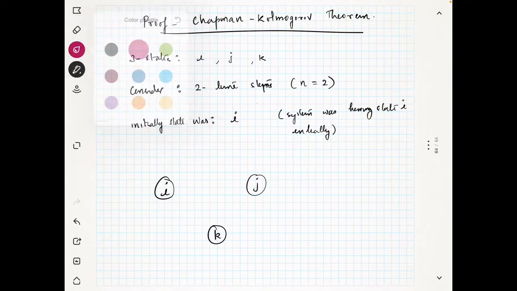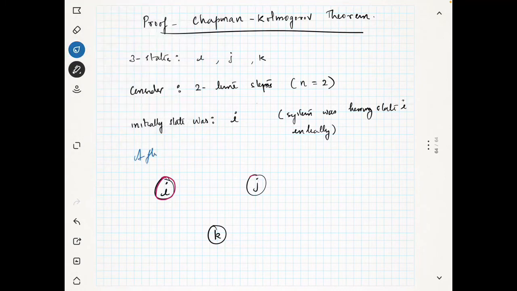I will represent it using red color. We are assuming the system had initial state I, and we are considering how it can reach J, because this is our final state after two time steps.